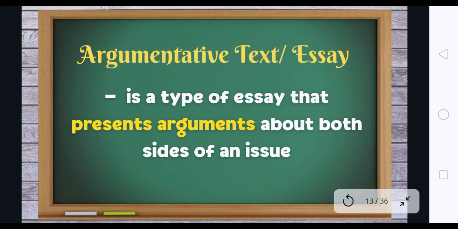While an argumentative text or essay is a type of essay that presents arguments about both sides of an issue. Those are the differences between persuasive text, argumentative text, and expository text or exposition text.